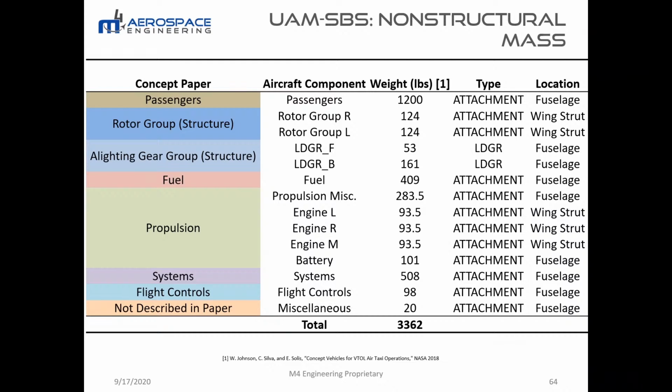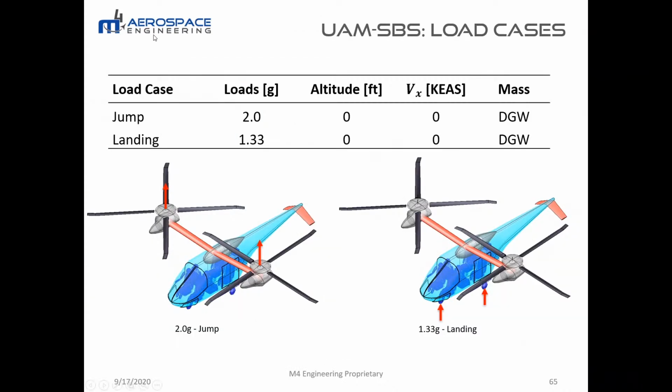Okay, so load cases here. We're looking at a couple of typical helicopter type load cases. We've got a 2G jump, which we're going to represent on the bottom left there with point loads at our rotor centers. And then we've got a 1.33G landing, and we're going to represent that with loads through the landing gear we defined.